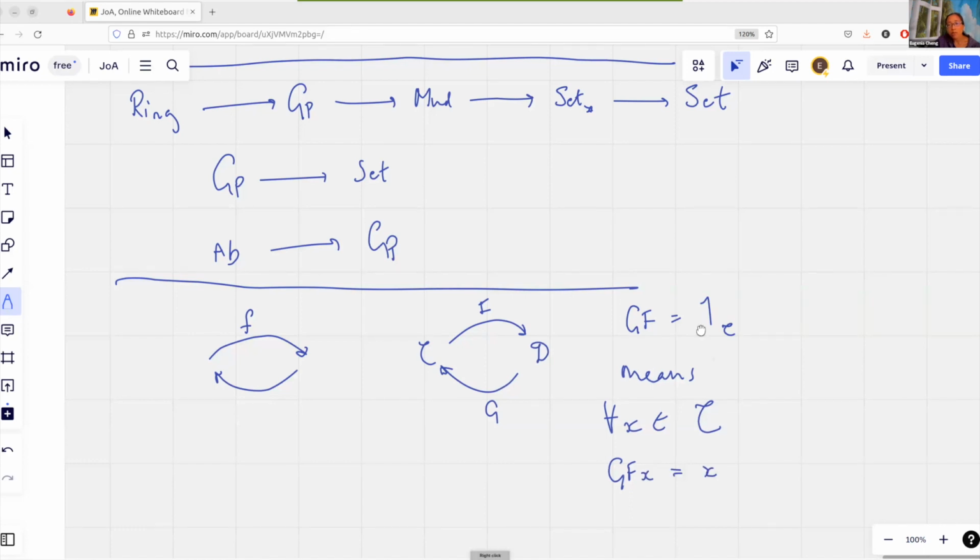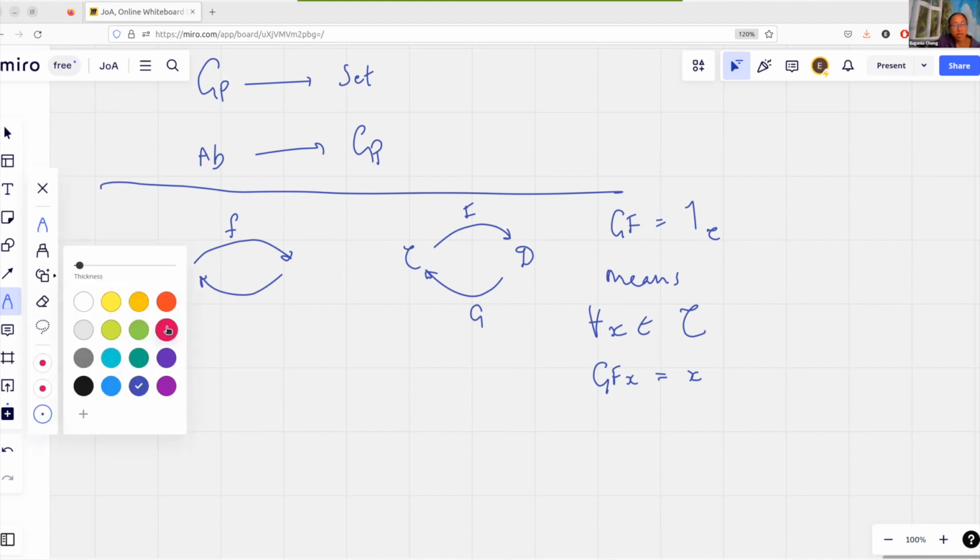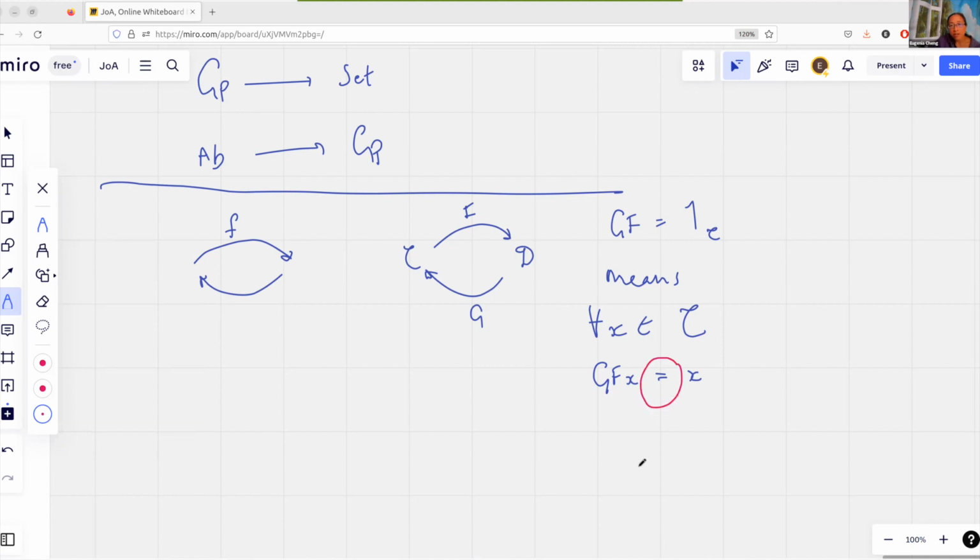Okay, see what has happened? There's an equal sign. I'm going to make it red to point out that there is an equal sign in here. Uh-oh, that's an equality between objects of a category. That is too strict.